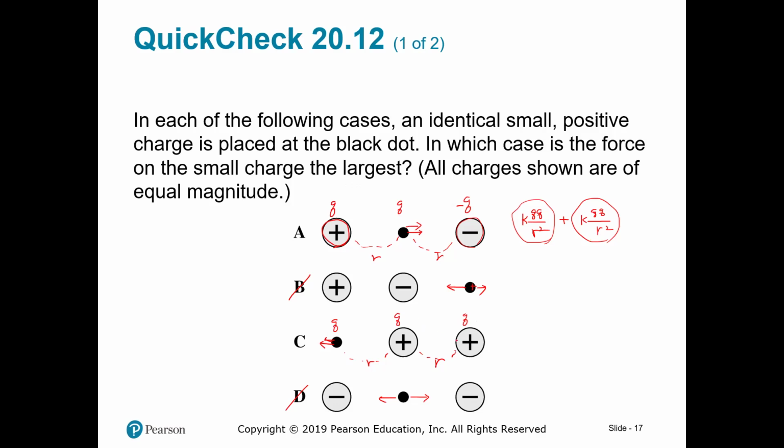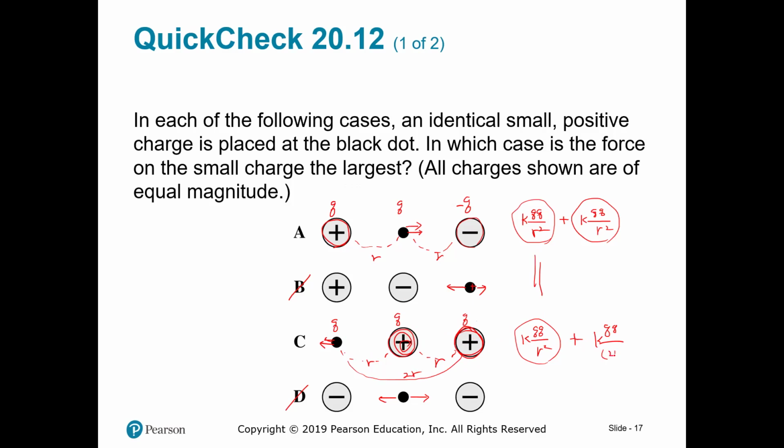But how about case C? The first force due to this first charge is going to be exactly the same as the force up there, right? These two forces are equal. But how about the force due to the second charge? k, Q, same, but the distance for this case is now 2r.